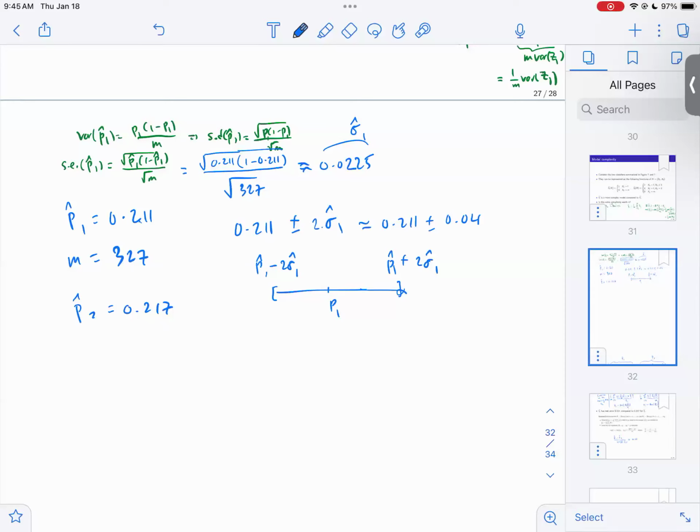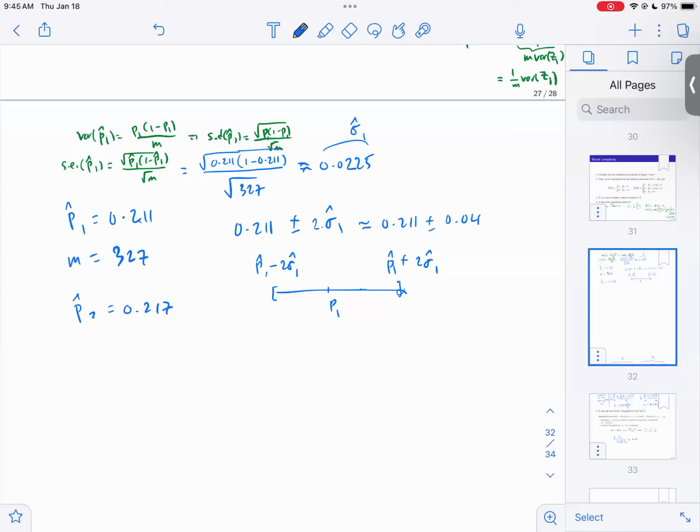And if it's here, then to be honest, you also have to consider the fact that this has a standard error too. Maybe I'll do it more properly later, but this rough calculation tells you to be really careful. If your sample sizes are of the same order, this has the same uncertainty.